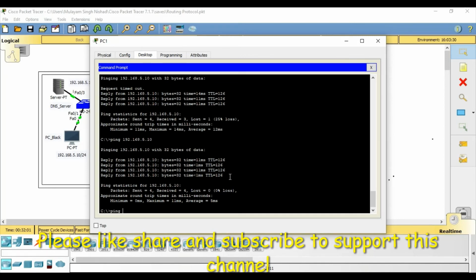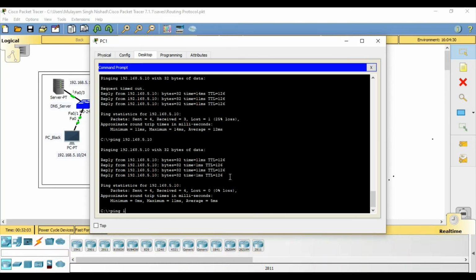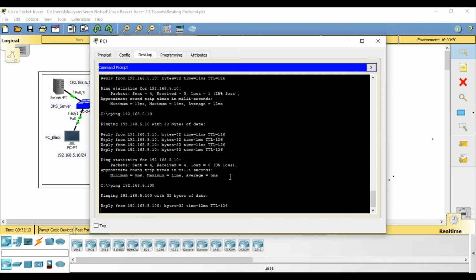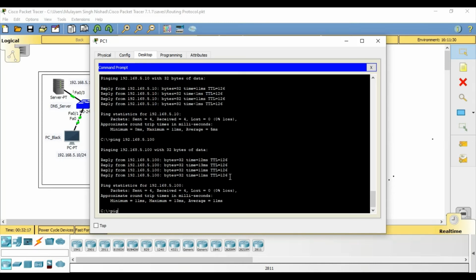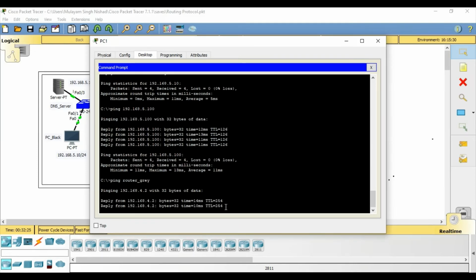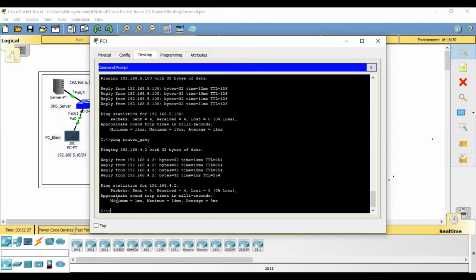Ping 192.168.5.100. It is pinging. You can ping with the name, ping router gray. So you can get the reply from router gray.